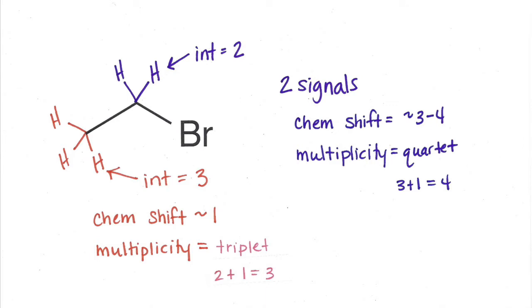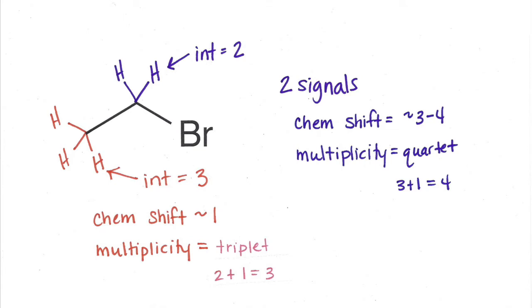When it comes to the multiplicity for these protons, the number of peaks in its signal is going to be equal to the number of protons on the adjacent carbon plus 1. So that means that the adjacent carbon has 2 purple hydrogens, plus 1 tells us that the multiplicity of this peak will be a triplet.